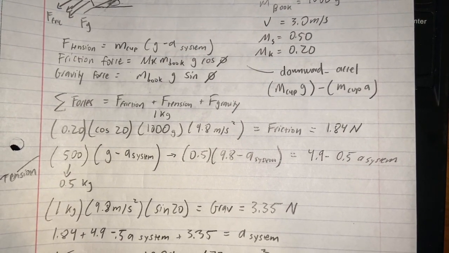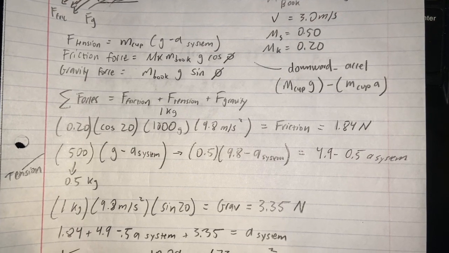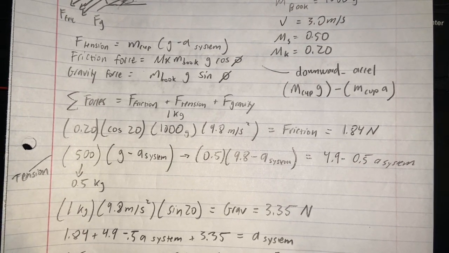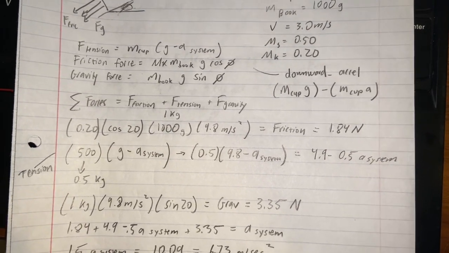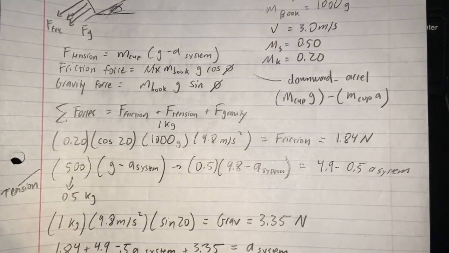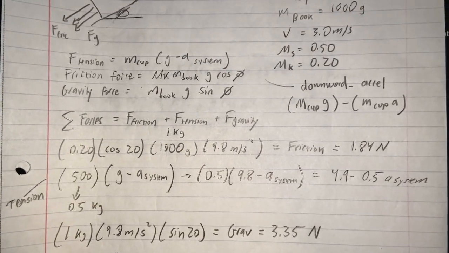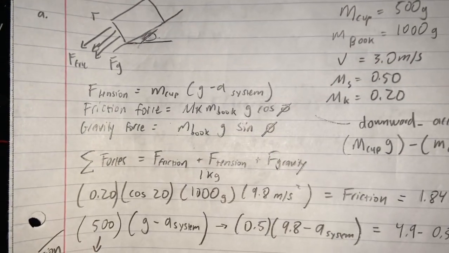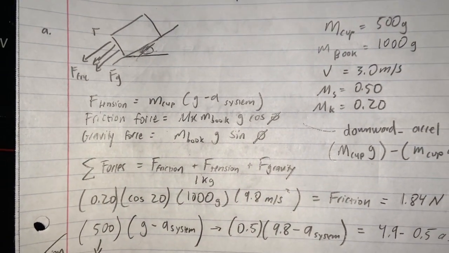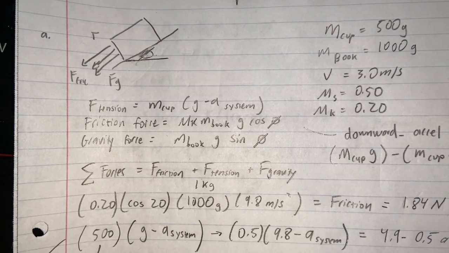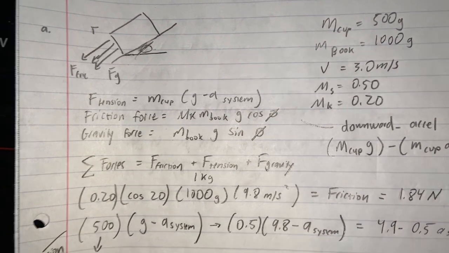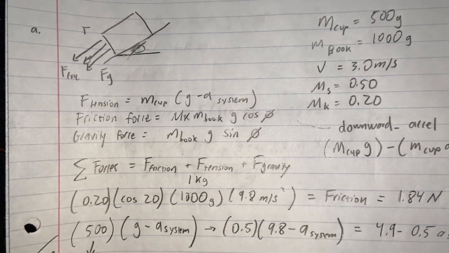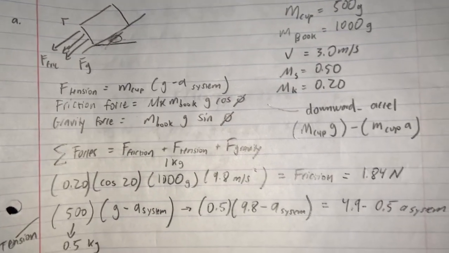The downward force is the gravitational, and to get the acceleration one, it's just the mass of the cup times the acceleration of the system. So if you pull out the mass of the cup, the force of the tension is equal to the mass of the cup times gravity minus the acceleration of the system. So now we have a variable for the acceleration of the system that we're trying to find.